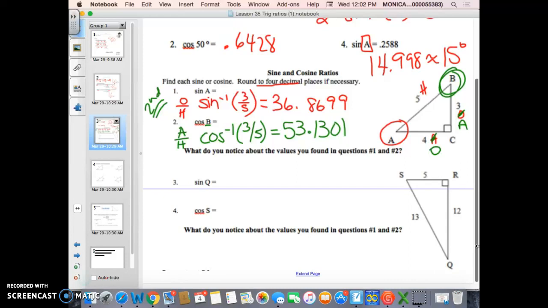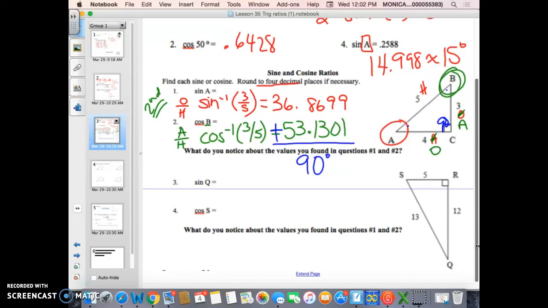And so all 3 of these angles should add up to 180 degrees. And so knowing that these 2 angles here should add up to 90 degrees, if you type those in your calculator, you should get 90 degrees. Because 90 plus 90 is 180. So that's another way to check your answer.